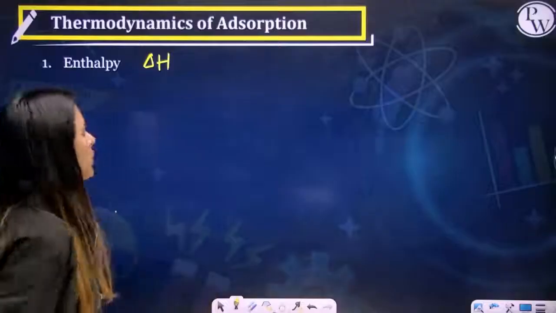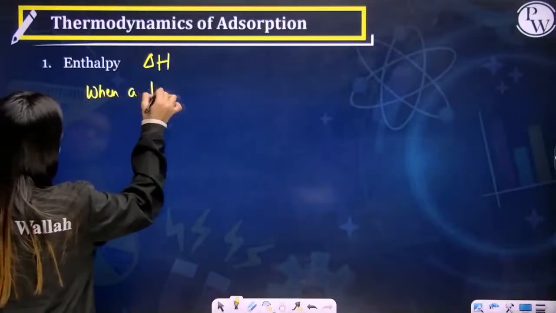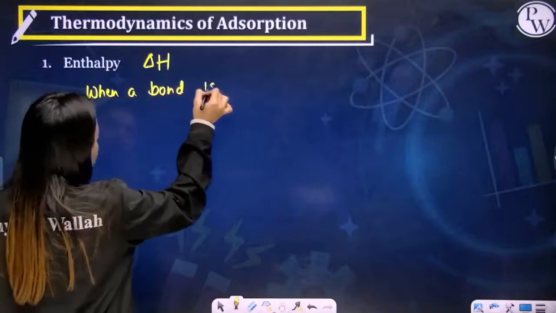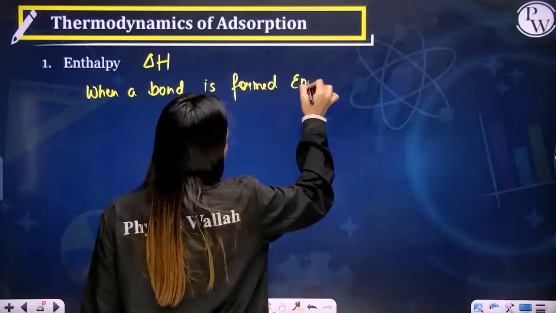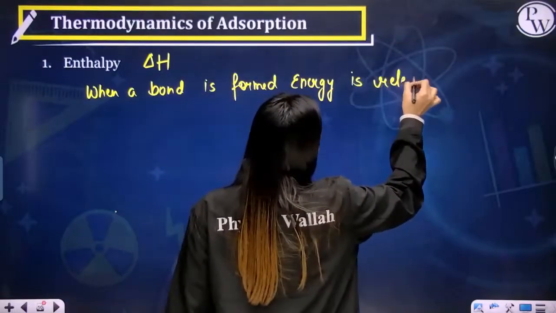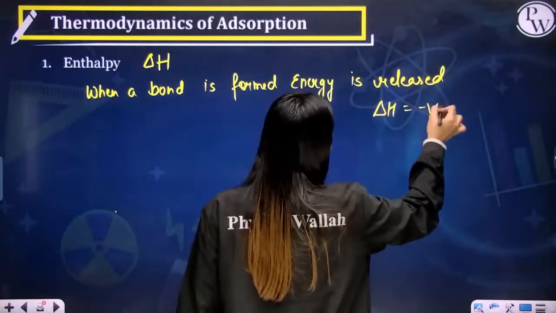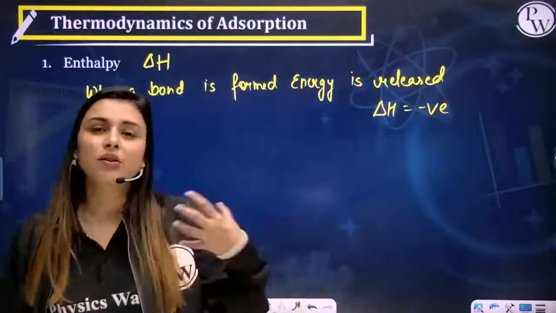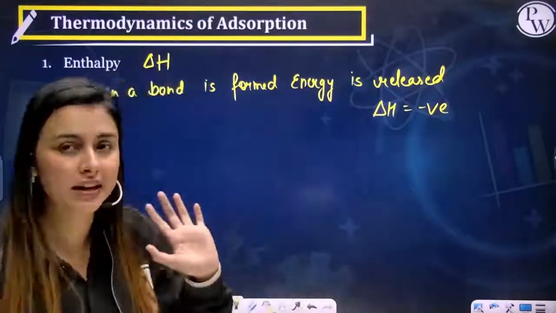So you can write it here: when a bond is formed, energy is released. And if energy is released, this means that delta H is negative. Whenever a bond is formed, energy is given out, and that is the reason your delta H comes out to be negative.